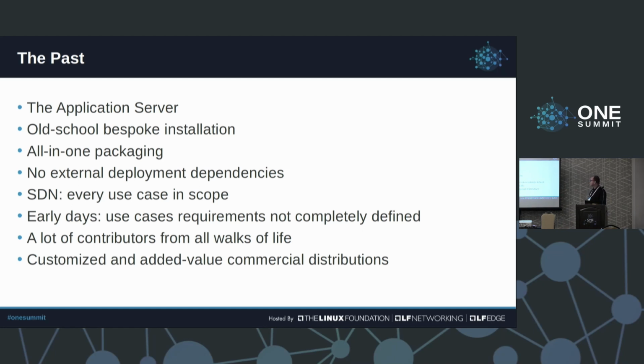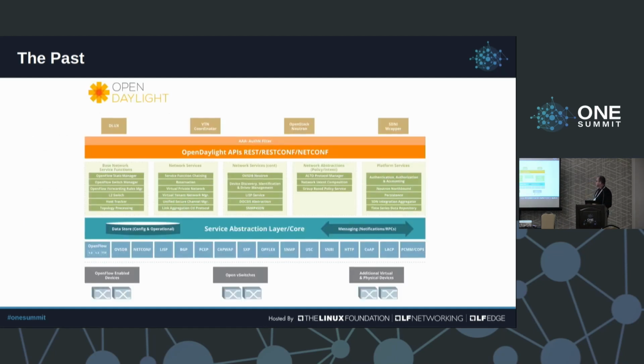To fulfill that, the architecture looked like this. On top we have the usual RESTCONF interface, and then a couple of applications like the DLUX UI. We ditched that a long time ago because nobody was really using it. There was the VTN Coordinator, and then a ton of plugins doing things from OVSDB, OpenFlow, PCEP, CAPWAP, you name the protocols, and also a ton of applications sitting inside.